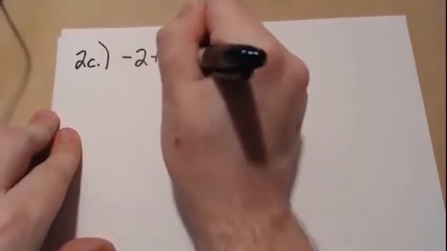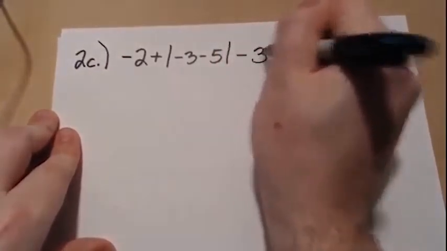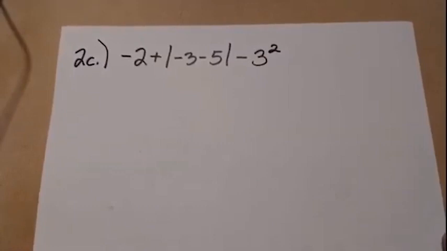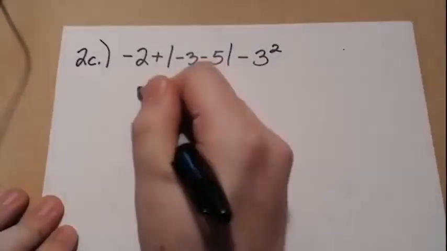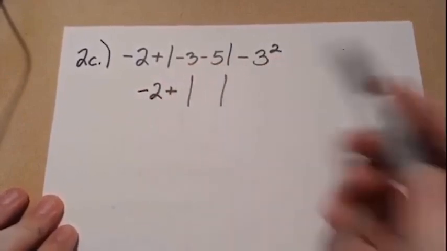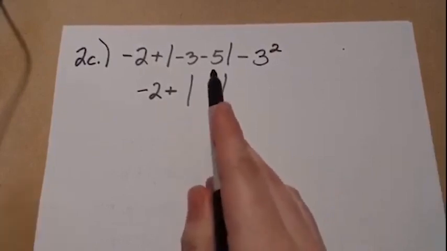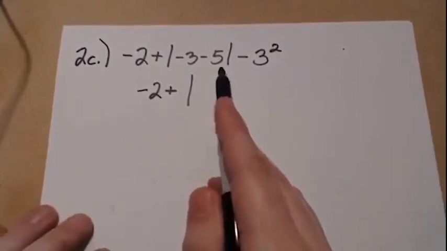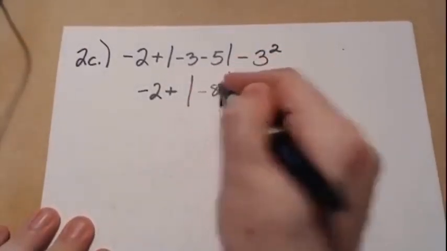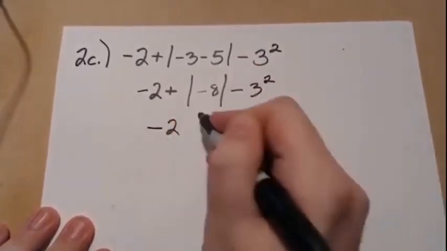So 2C. Now we're going to treat the absolute value like a grouping symbol, and we're going to do it first. Negative 3 minus 5, that's going to be negative 8.